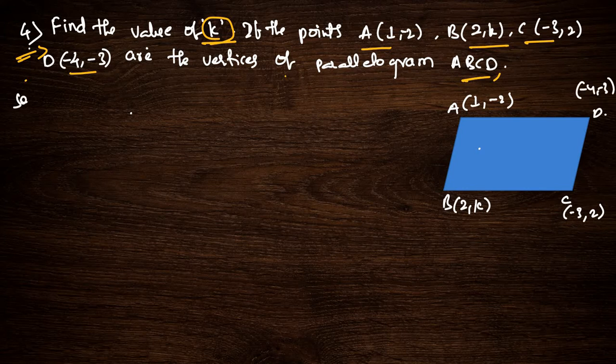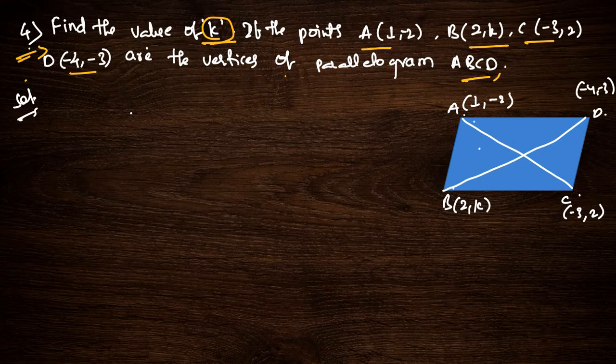So one basic point here: whenever the diagonals of the parallelogram bisect each other, the coordinates of the midpoint of AC is equal to the coordinates of the midpoint of BD. So the solution will come like this.